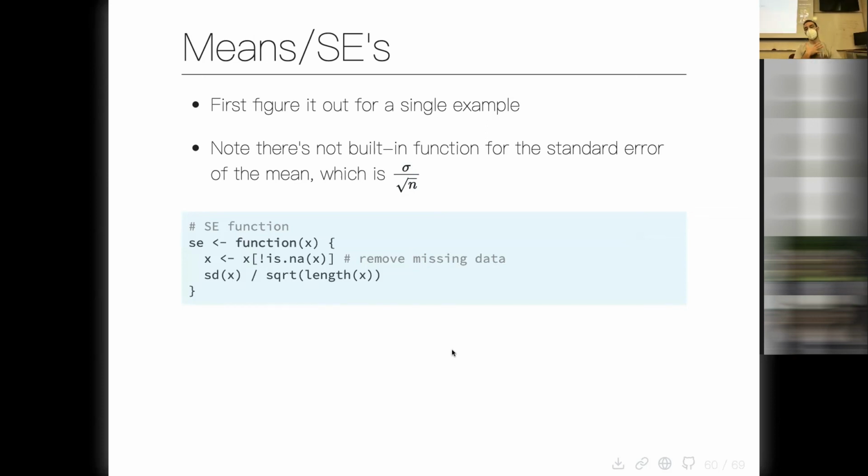You could have removing missing data be optional; I chose not to in this case. So I said function of x, not is.na(x), removing missing data here, and then doing exactly what you see up here: the standard deviation of x divided by the square root of n, where n is the length of x.